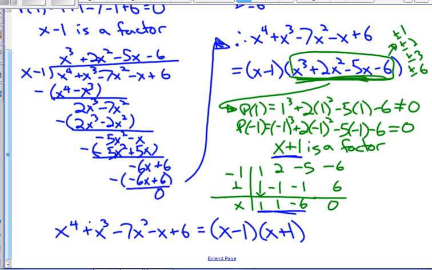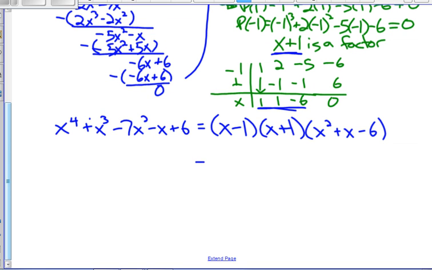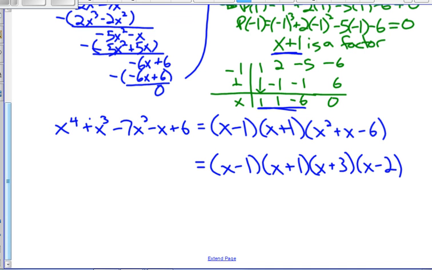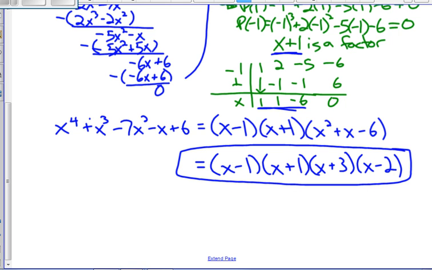And we had leftovers of x squared plus x minus 6. If possible, we'll factor further. That's a short trinomial. It'll be x plus 3 and x minus 2. Fully factored. And that's our final factored form.